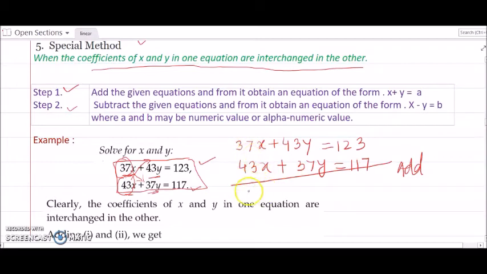Add them, and if you add 37 plus 43, you get 80x plus 80y equals 240.